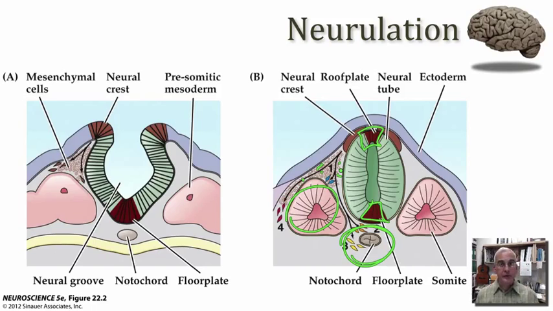And all of this is regulated in a complex way that we're just now beginning to understand. And again, it's subject to perturbation that can produce various forms of defects in the developing brain, as inductive signals might be either blocked or perhaps overexpressed. So we'll see just a few examples of that as we go along.